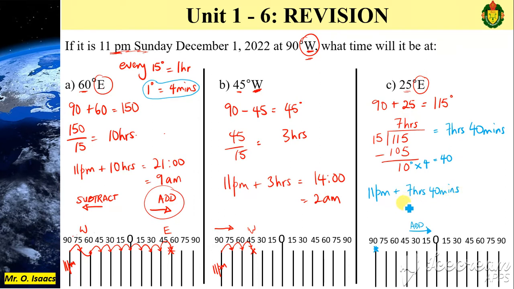So if you do that, we should be left with 18 hours and 40 minutes. And if we convert that, we should be getting 6:40 a.m. And of course, the date is going to change, so you'd make a note of that. So it would be Monday, December 12th.